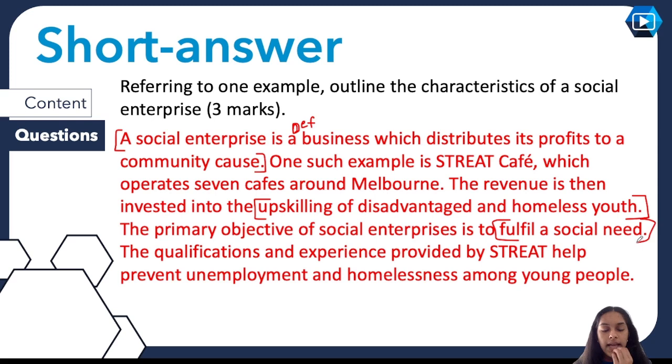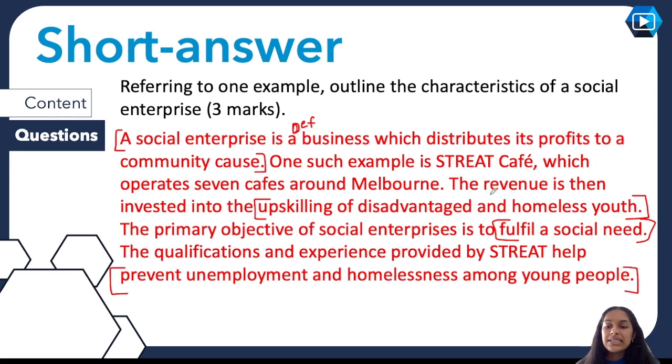And then the qualifications and experience provided by Street help prevent unemployment and homelessness among young people. So again, highlighting how the social enterprise is working to address that community cause and really look at preventing unemployment and homelessness among young people, which is applicable to that example.